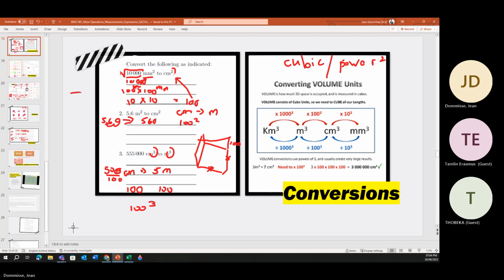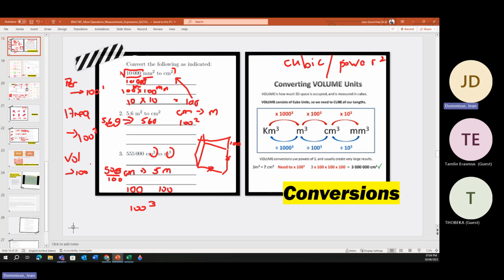So perimeter, it was to the power of 1. So that was perimeter. Area would be to the power of 2, and then volume will be to the power of 3.